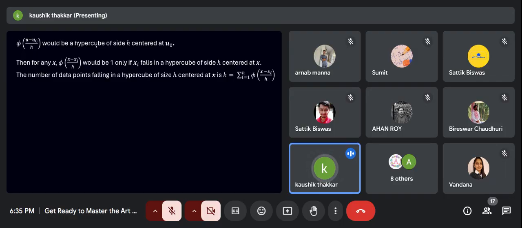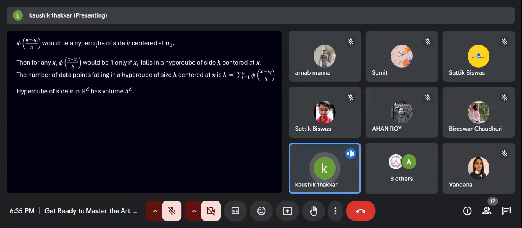So the number of data points falling in a hypercube of size h centered at x is basically k. So we sum all the indicator functions to get the number of points, for each of the i's. Now the volume of the hypercube is h to the power d, since it's a hypercube. So for two dimensions it's h squared. Similarly you can think in d dimensions it's h to the power d.